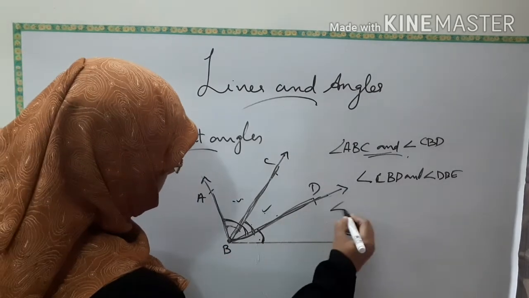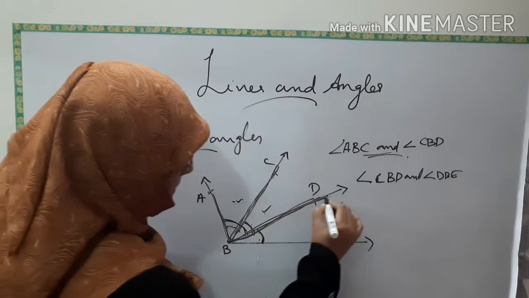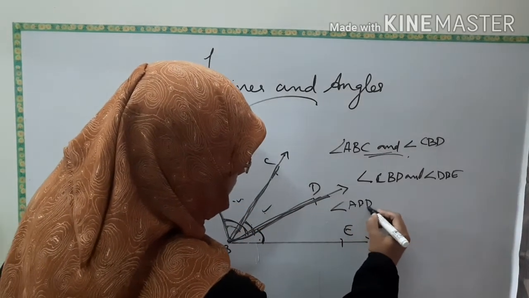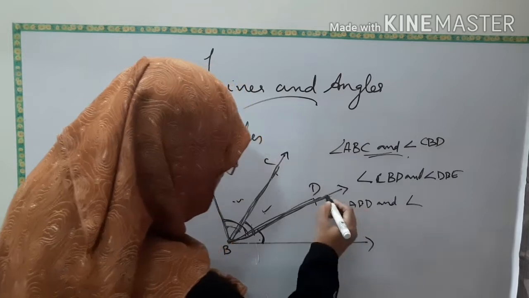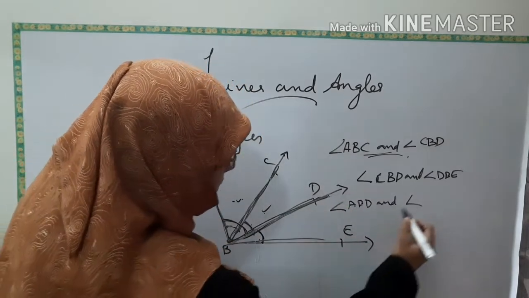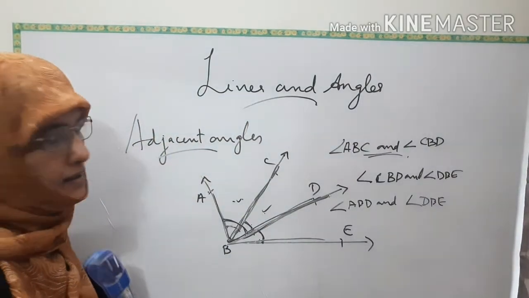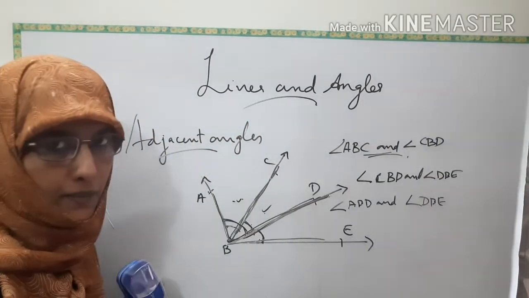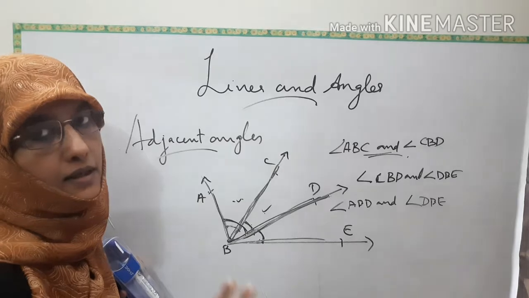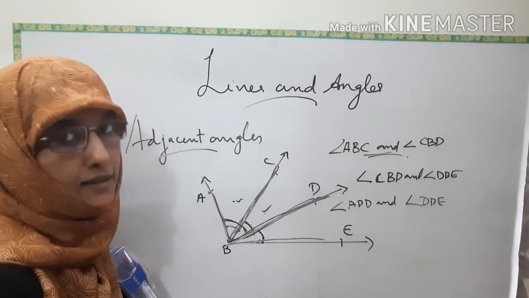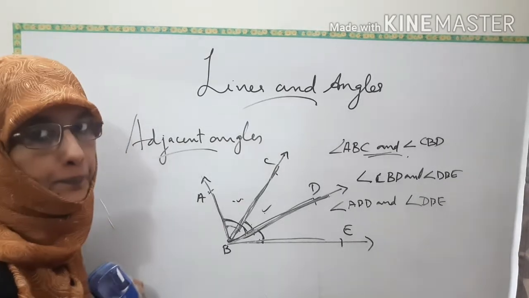So angle ABD and angle DBE are adjacent angles. Okay. So adjacent angles means two angles which have a common vertex and a common arm.